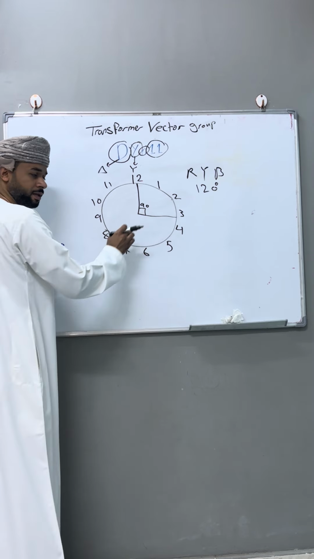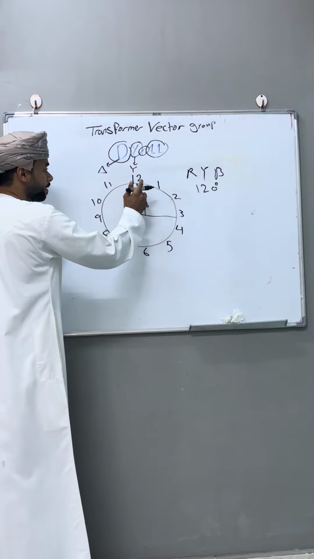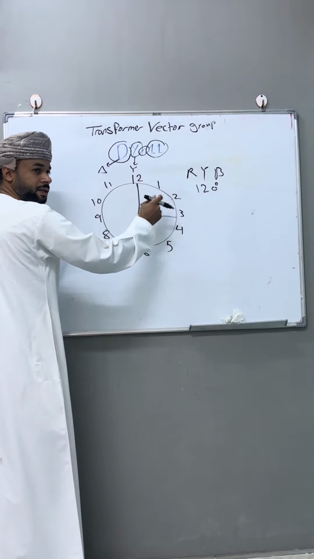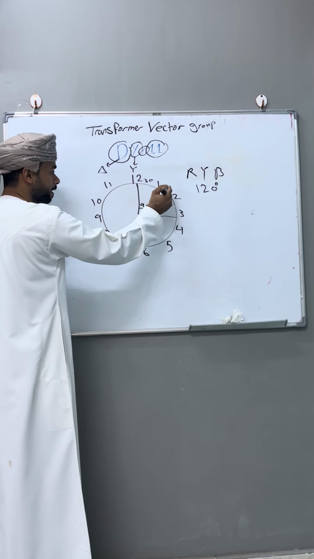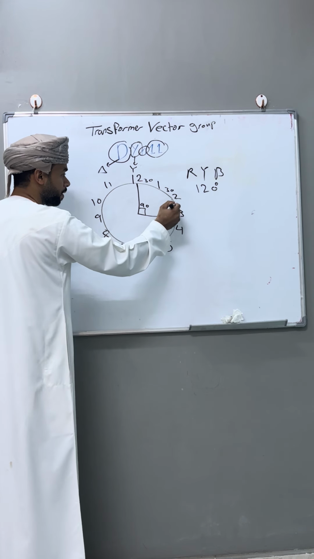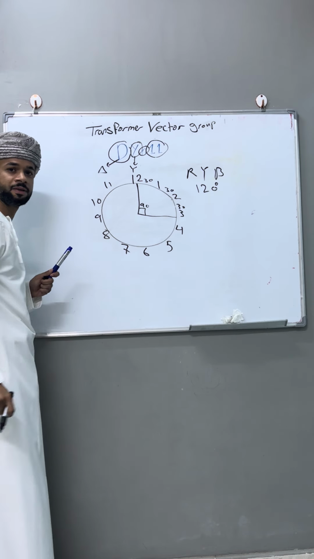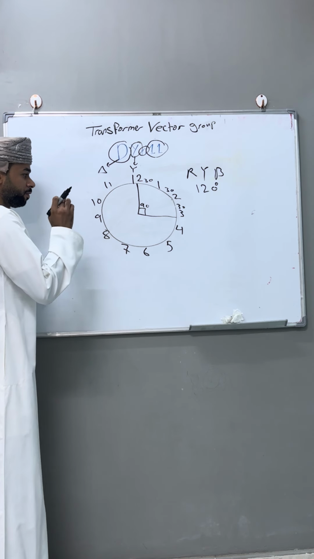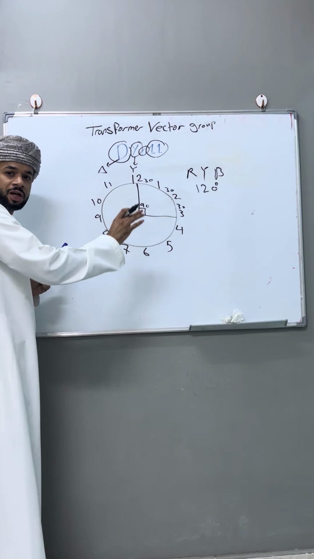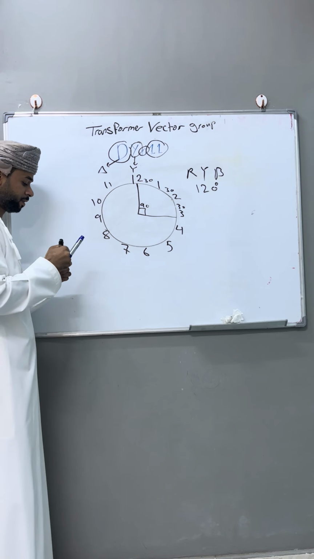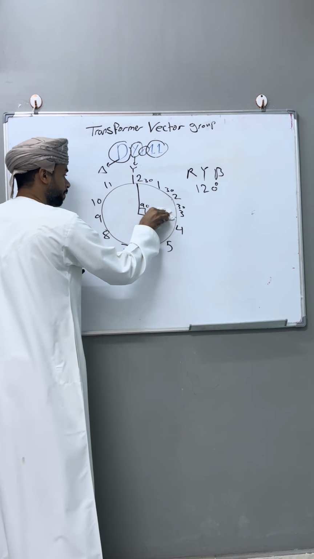Now I can say that between each hour it is 30 degrees, because from 12 to 1 is 30, 1 to 2 is 30, 2 to 3 is 30, so it is 90 degrees. So we understand that between each hour it is 30 degrees. Okay, now we'll remove this one.